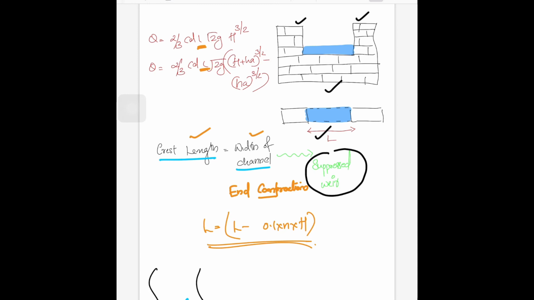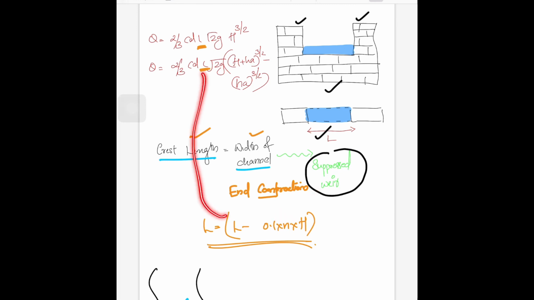Now end contraction, velocity of approach, and suppressed conditions: please don't think that all these are the same. These are different terminologies and different concepts. So if in a question they have said that the weir is not suppressed, then you have to adopt the end contraction equation.